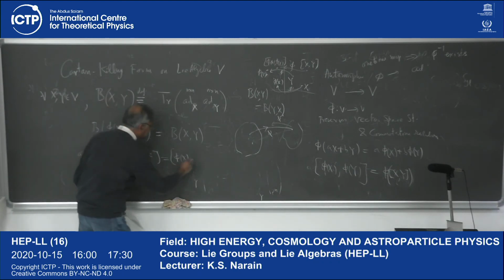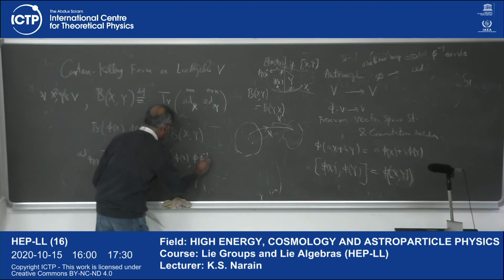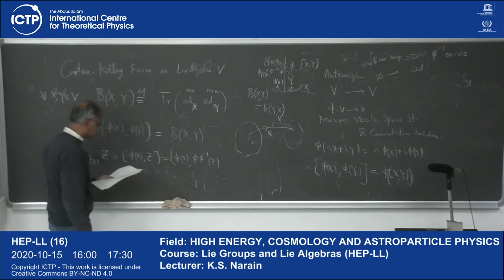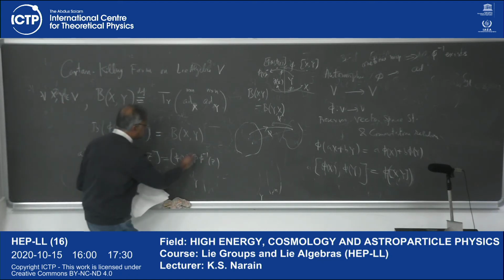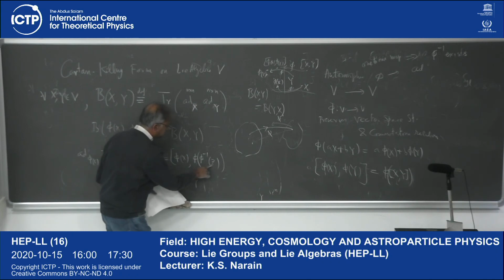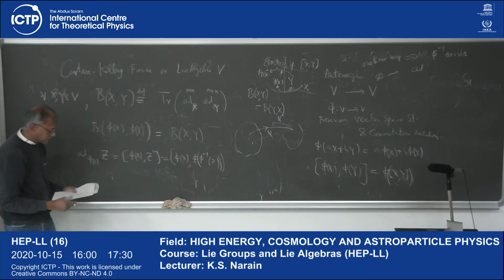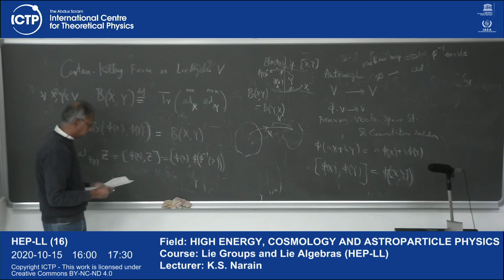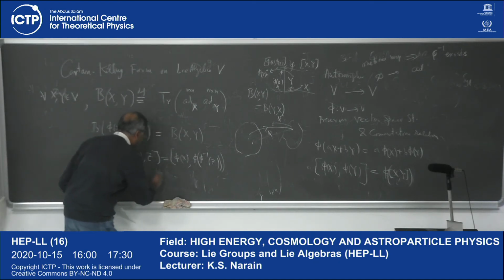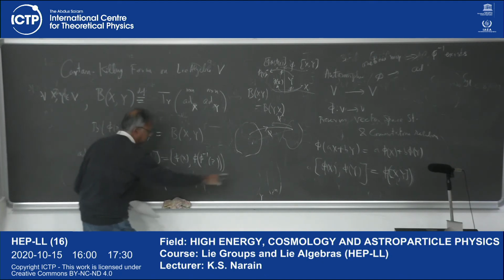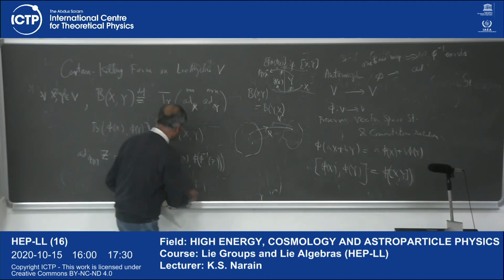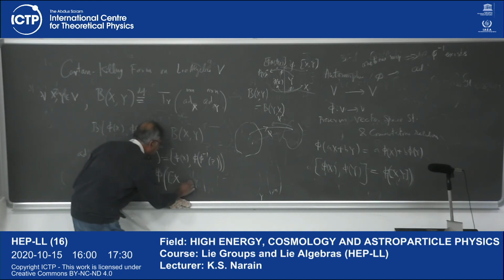So therefore I can write this as phi of the commutator with phi inverse acting on z. First I apply phi inverse on z, and then again I apply phi on that, I will get back to z. It's just a way of writing. But this combination is nothing else but phi of the commutator, by using this property, of x with phi inverse z.